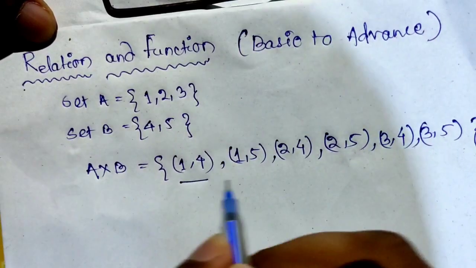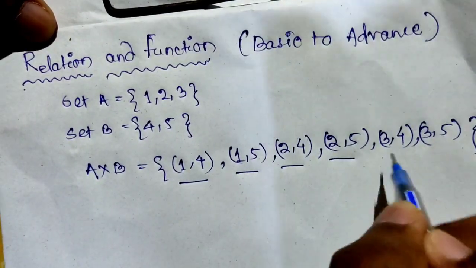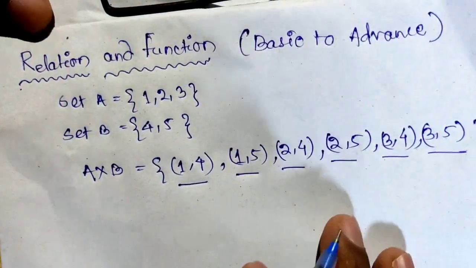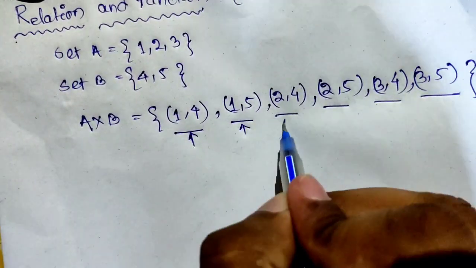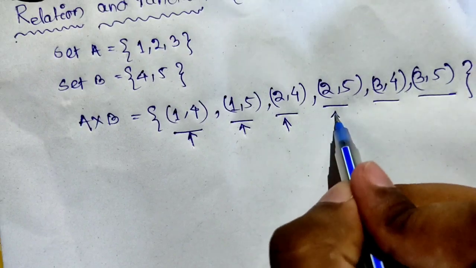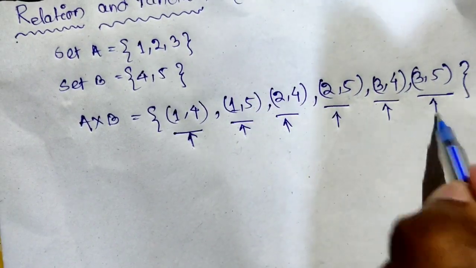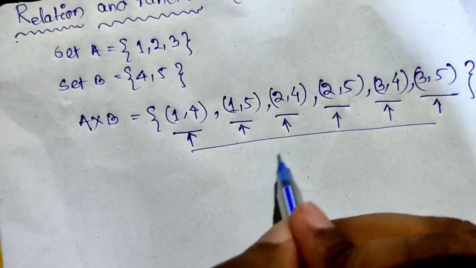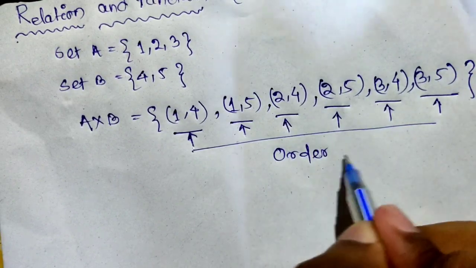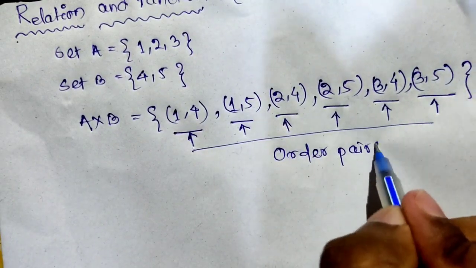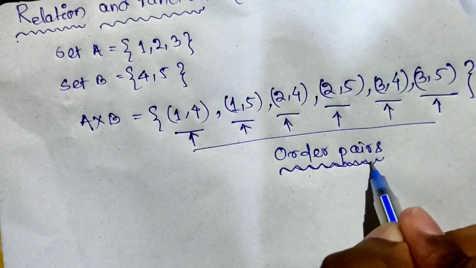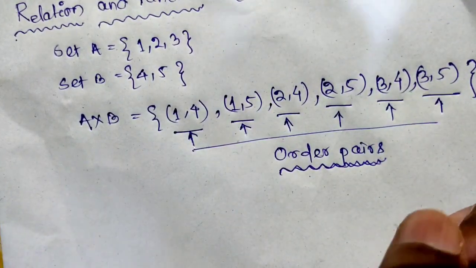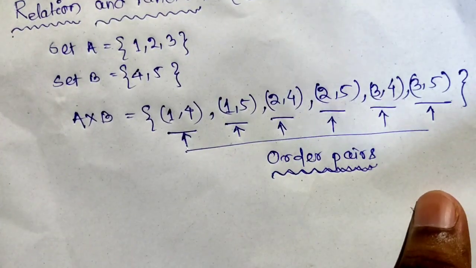All these elements come under the cross product of A and B. These are all called ordered pairs. Ordered pairs. Here in relations and functions, ordered pairs play a great role.